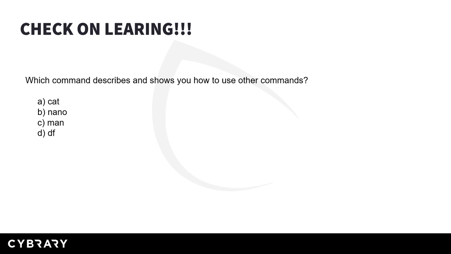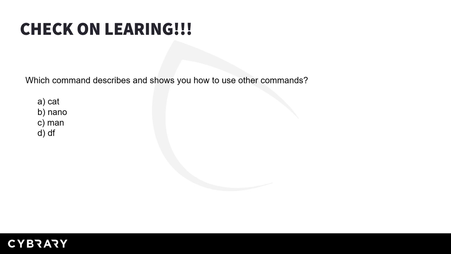Now, thinking about that, remember, df is going to show us disk space that's free. Nano was our text editor. So that's going to allow me to edit files, edit content, make scripts, do things of that nature. Cat allowed me to pull the output out of a file and display it in the terminal like we did, cat hello new or cat hello, and that showed us all of the content of the file.